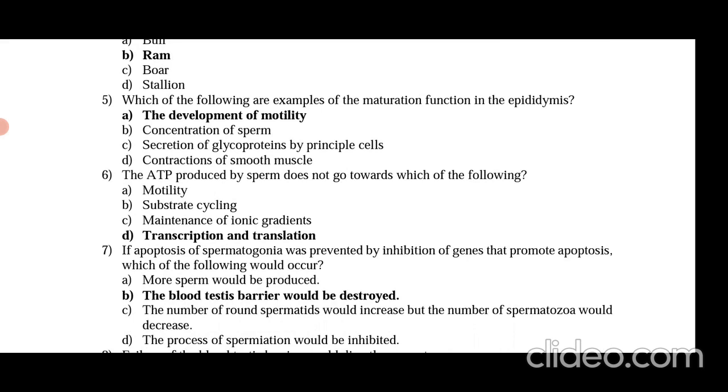If apoptosis of spermatogonia was prevented by inhibition of genes that promote apoptosis, then the blood-testis barrier would be destroyed.